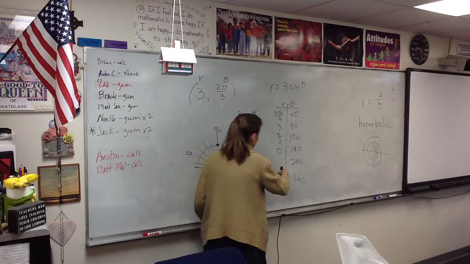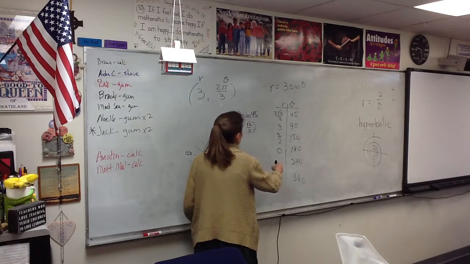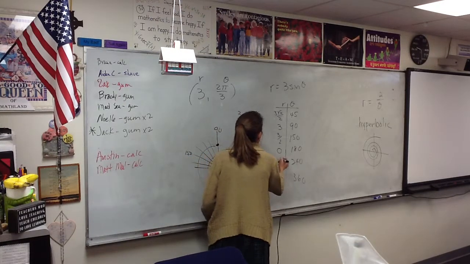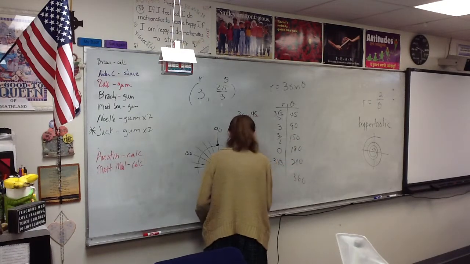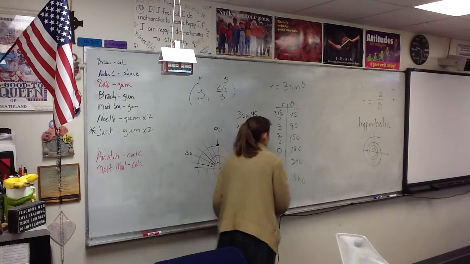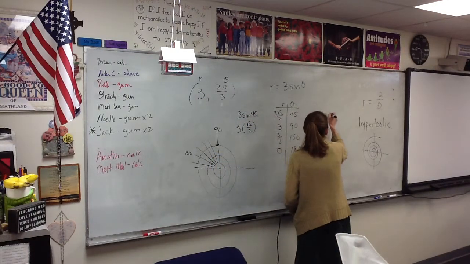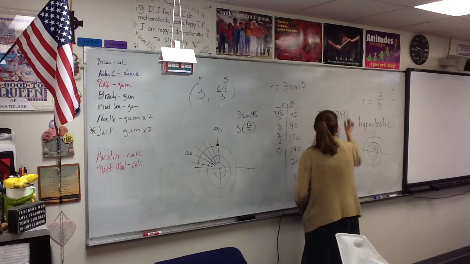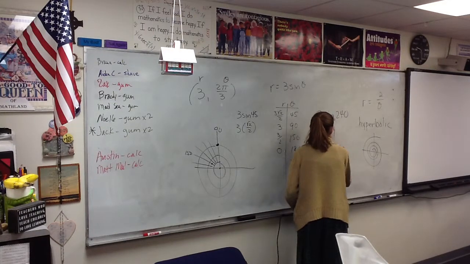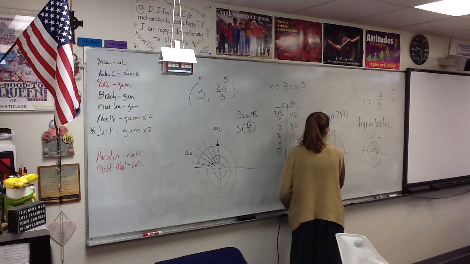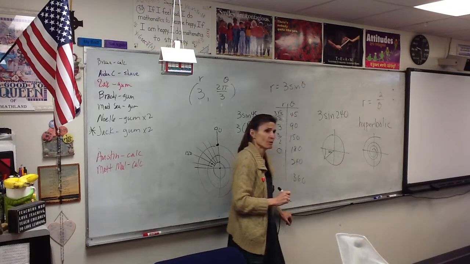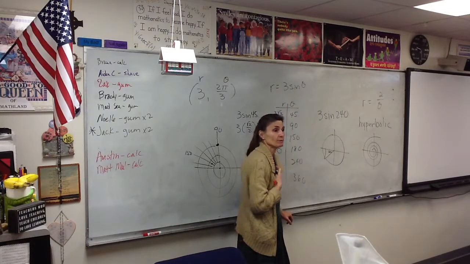And 240, that's going to be another weird one. 240 will be negative. Oh, here, this is a good one to do. Let's see, 3 sine 240. 240 has a 60-degree reference. I'm doing it without a calculator.